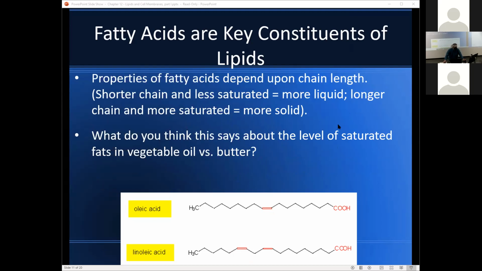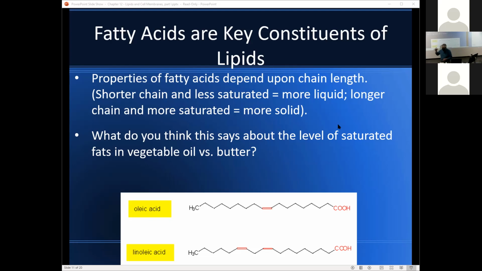Properties of fatty acids depend upon chain length. When chains are shorter and less saturated, they're more liquid. If they're longer and more saturated, it makes them more solid. What do you think this says about the level of saturated fats in vegetable oil versus butter? Well, I kind of already answered that question on the last slide.